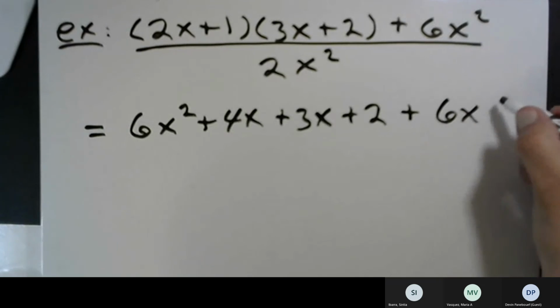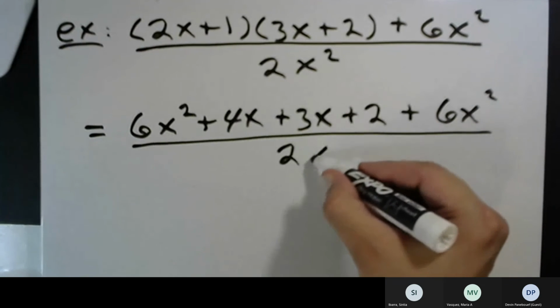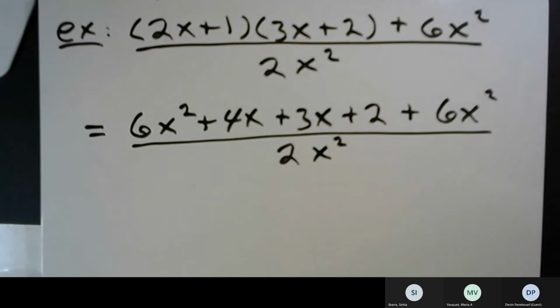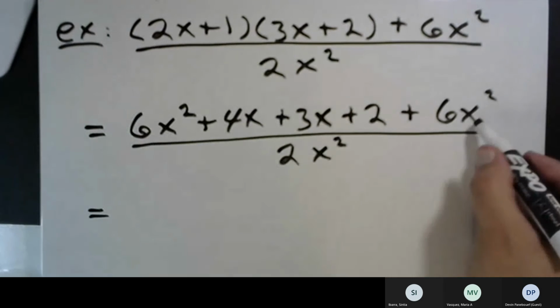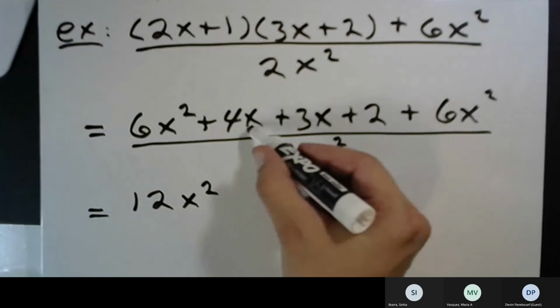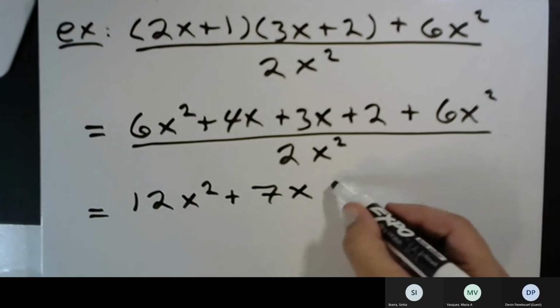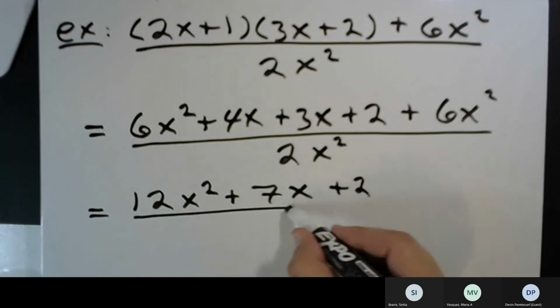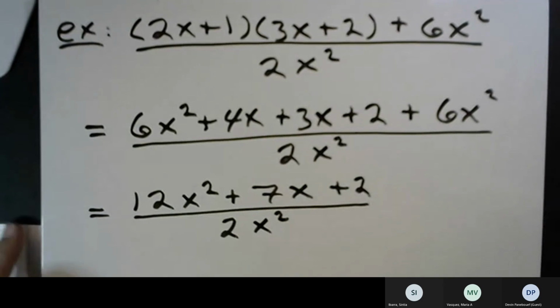Then we've got the 6x squared, and we divide by 2x squared. Combine like terms. Type x squared, so that's going to be 12x squared. Type x, 7x plus 2 over 2x squared.